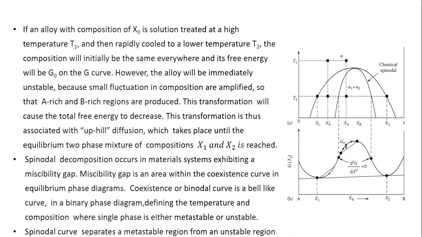This transformation is thus associated with uphill diffusion, which takes place until the equilibrium two-phase mixture of compositions x1 and x2, corresponding to these two points, is obtained.